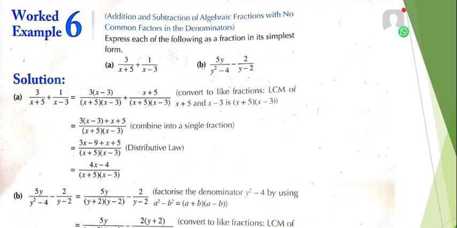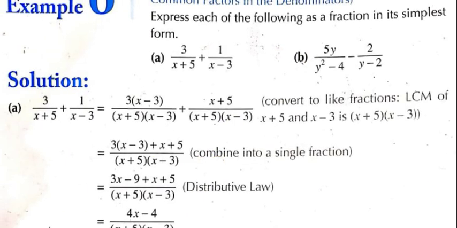Express each of the following as a fraction in its simplest form. Okay, so for this one, it's not as simple as you times 3 here and times 5 here. You can't, because it's addition, right?